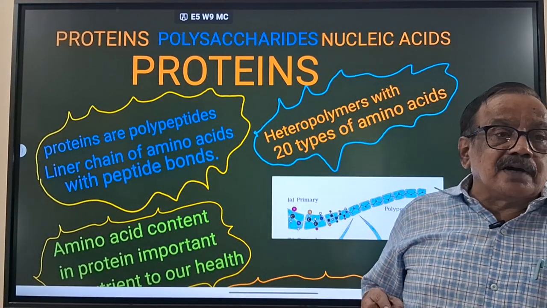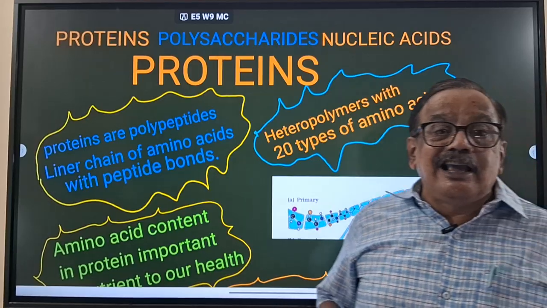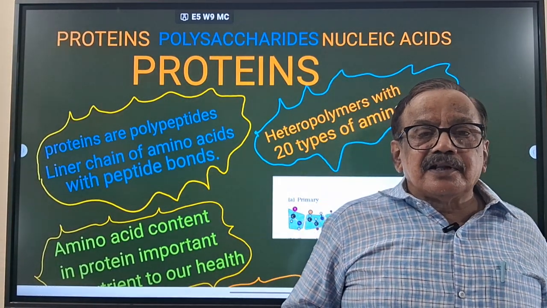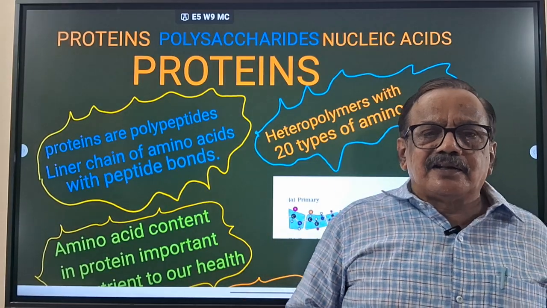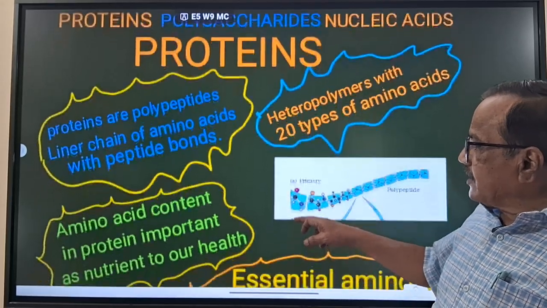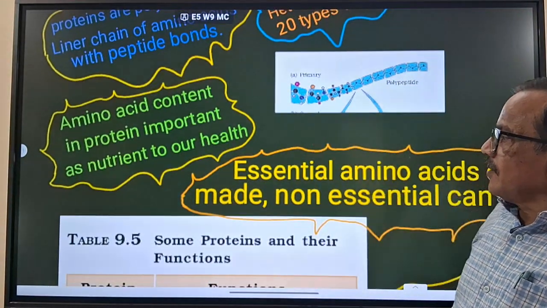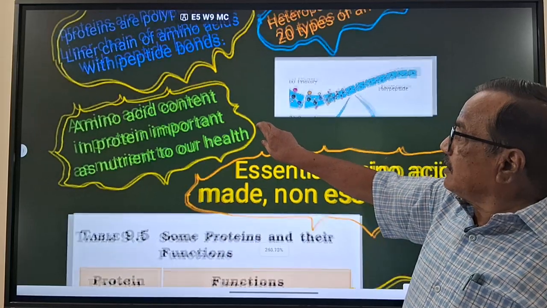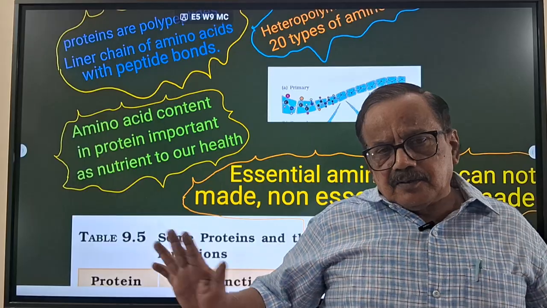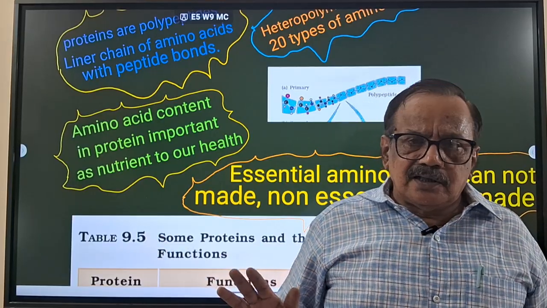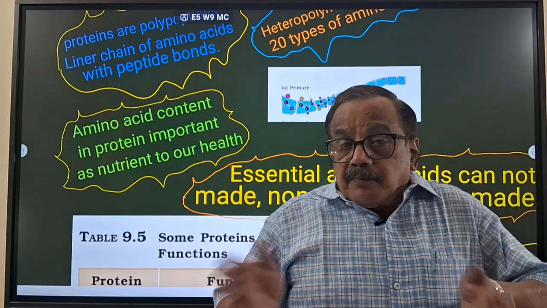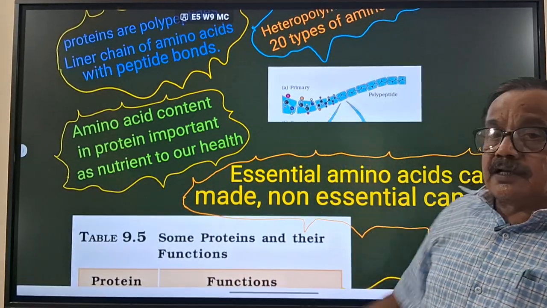So the number of monomers that can participate in protein formation is 20 amino acids. All proteins are heteropolymers only, no homopolymer can be seen.